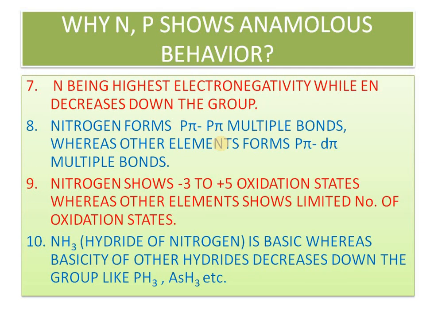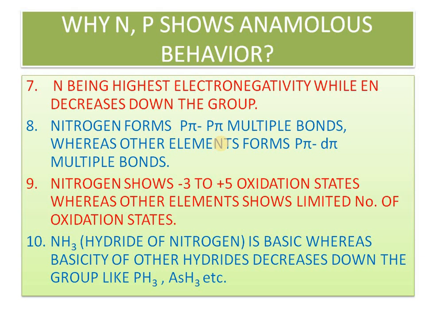Nitrogen has the highest electronegativity, since electronegativity decreases down the group. This trend we have already understood, just as a reminder. Nitrogen forms p-pi multiple bonds, whereas other elements do not, because of the d orbitals.